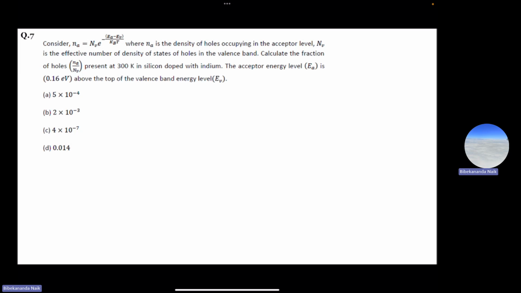So again, we will use the same formula and calculate the same quantity, that is Na by Nv, but for another type of semiconductor, a p-type semiconductor, because they have acceptor impurities. So I'll give a few minutes to try this question and then I will discuss what the correct option is.